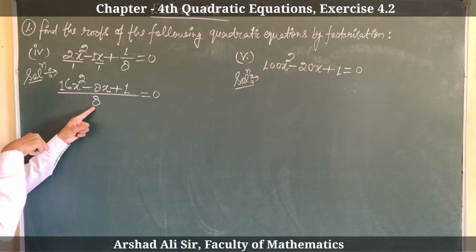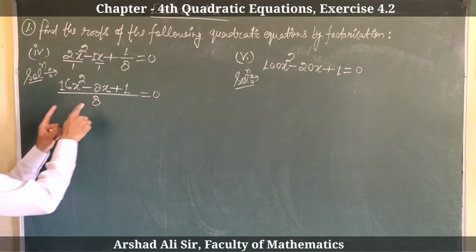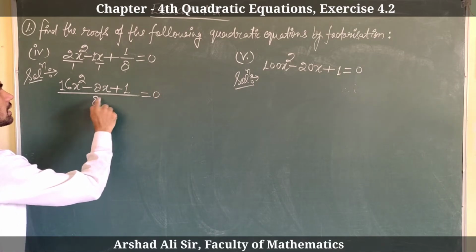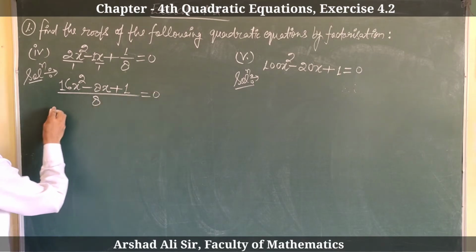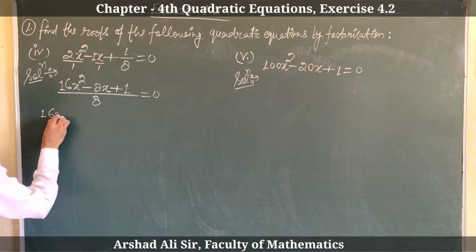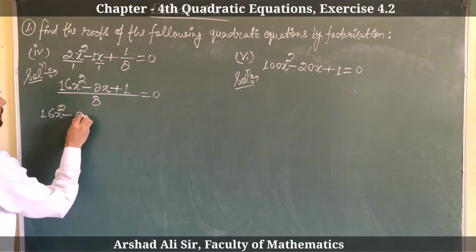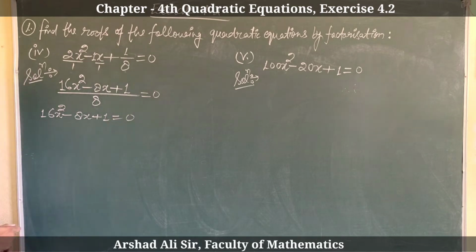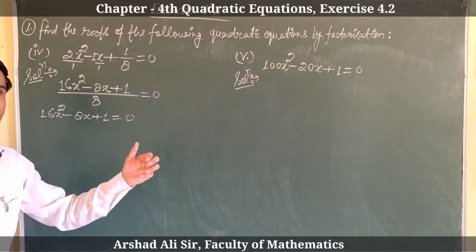8 is in the division in left side, this will be in the multiplication in right side, means 8 multiply 0, this will be 0. Here we can write 16x square minus 8x plus 1 is equal to 0. Now we have this quadratic equation, this is in the form of ax square plus bx plus c.